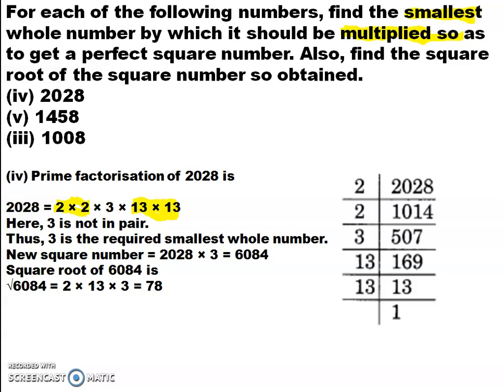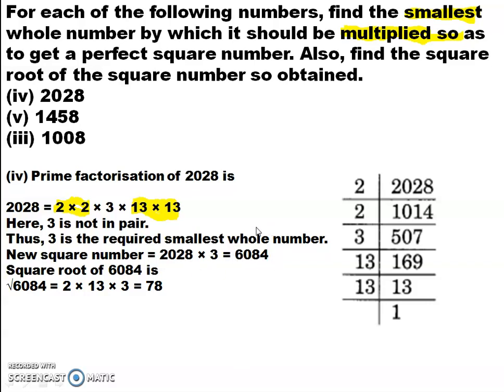So 2028 into 3 you will do. How did you get 3? The unpaired number here gives you the answer. So, which is the smallest whole number to be multiplied? It is 3. And which is the perfect square number near to 2028?